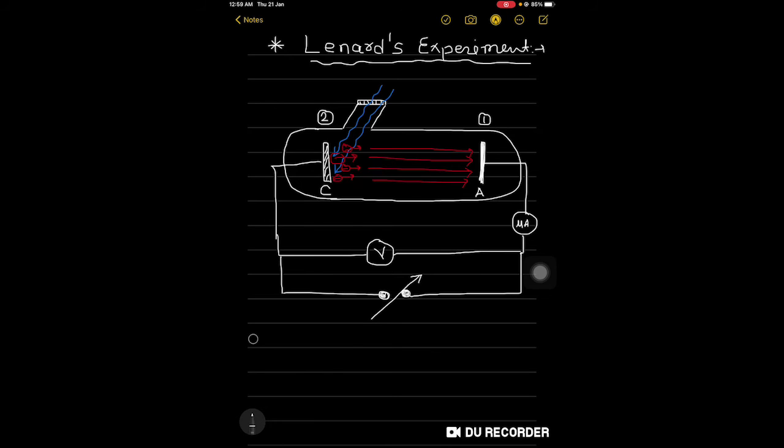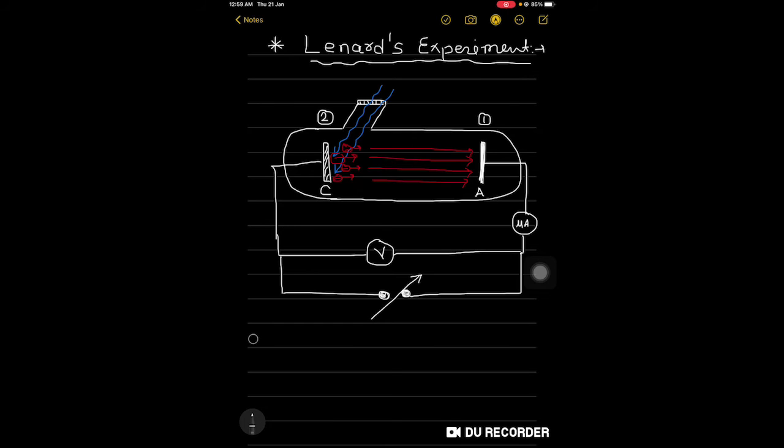So here this plate A is also called collector, while plate C is also called the emitter or ejector. The electrons flow through the evacuated glass tube, resulting in the current flow, and thus light falling on the surface of the emitter causes current in the external circuit.